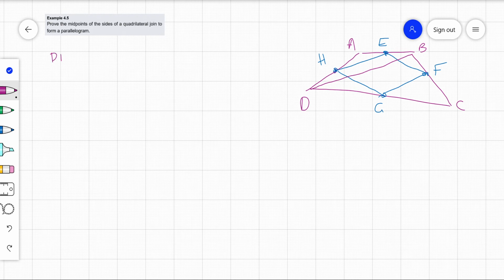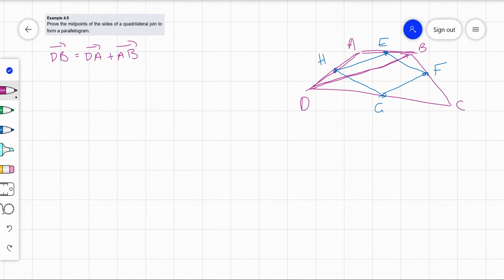So DB, because we're going to use DB, if we go from D to B, we could have gone from D to A and then A to B. We could have gone that way, and the shortcut is DB.